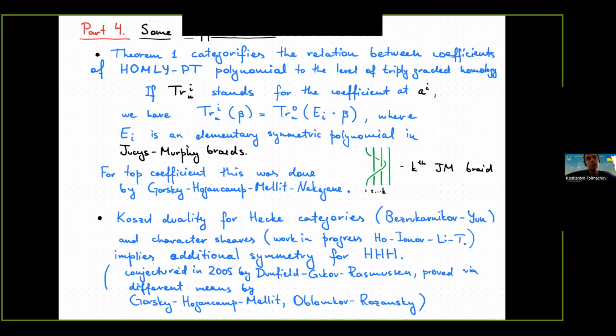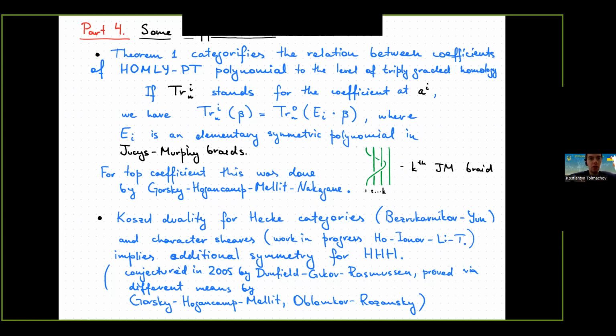So, for example, for the top coefficient, this elementary symmetric polynomial is just a product of Jucys-Murphy braids, and this is known as a full twist braid. You just take all your strands and twist them twice, and so this recovers the top coefficient of a knot polynomial through the zeroth coefficient of the knot polynomial of beta twisted by the full twist braid.